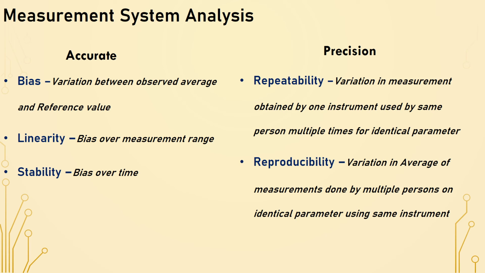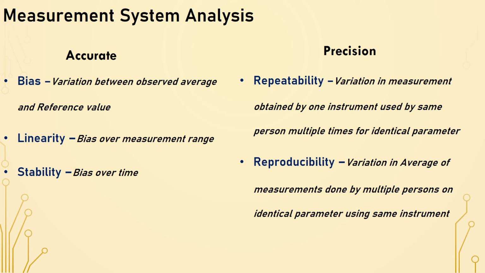Measurement system analysis is the chapter, a complete area where we analyze our measurement system, understand the errors and categories of error, and take decisions on whether to go ahead with the same measurement or not. There are 5 types of error. Just 3 are under the category of accuracy: bias, linearity, stability.